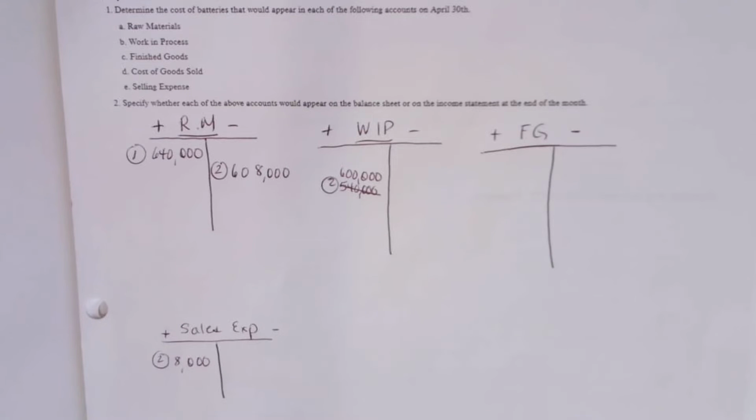Right, so when we pull out raw materials, some went to work in process. Some went to selling expense. Right, and expenses work like assets, right? We increase them with the debit. And then those came out of our raw materials.